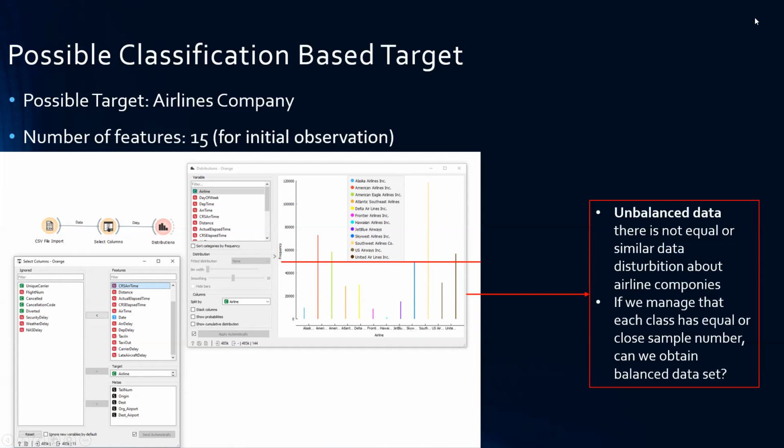If we manage that each class has equal or close sample number, can we obtain balanced data set? Yeah, such as if we make a threshold around there and vanish, for example, Frontier Airlines data from the data set. Okay, I understood.